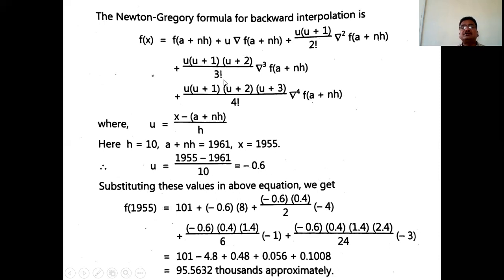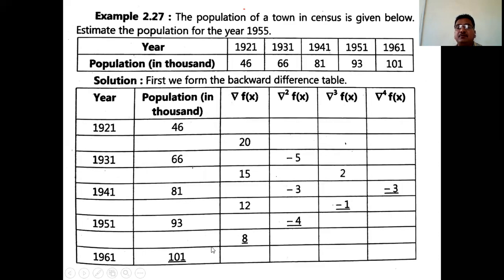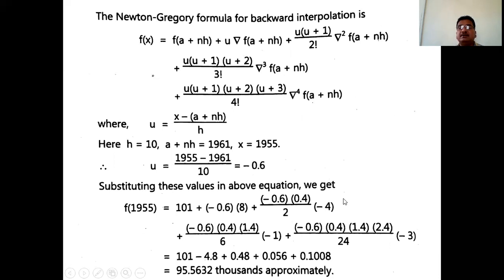And then substitute all these values in this equation. f(x), x is 1955, and f of a plus nh means the value of the function at the last point, 101, and then u, and del f of a plus nh from the table is 8, and the remaining values are del square f of a plus nh and del cube f of a plus nh: 8, minus 4, minus 1, minus 3, from the row of 1961. 101 is f of a plus nh.